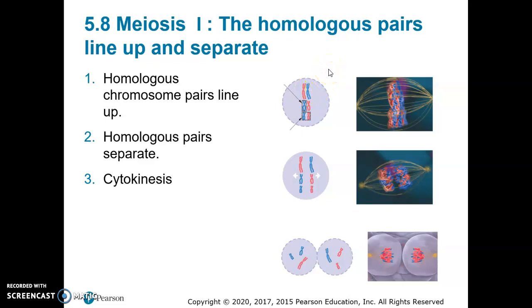Compare that to how you draw metaphase in mitosis. Okay, and then check out your differences when you're looking at anaphase. So this is anaphase 1 in meiosis, and here the homologous pairs separate from each other. Then when cytokinesis occurs, you now have already created your haploid cells.